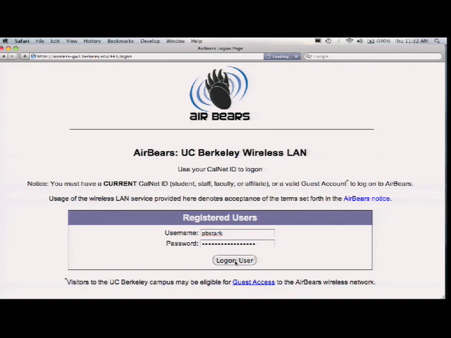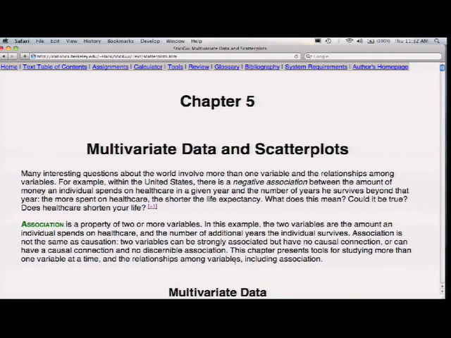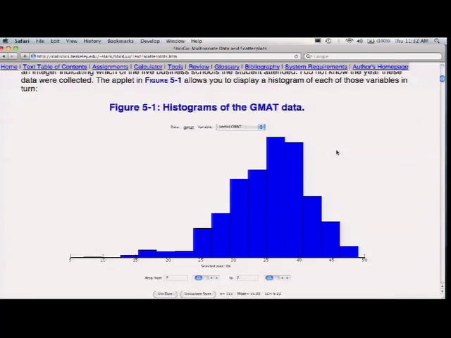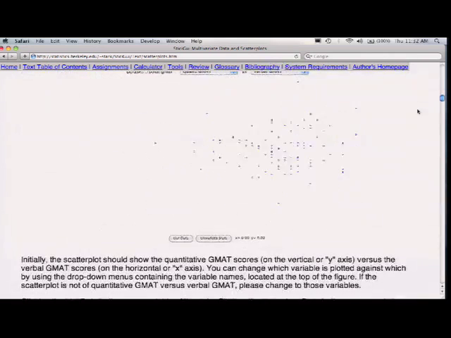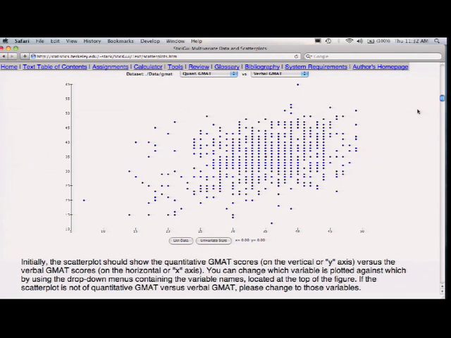All right. So the question was, can you ever have homoscedastic and not strong association? And this is almost homoscedastic and pretty weak association.